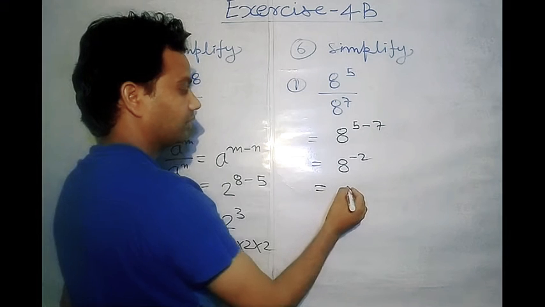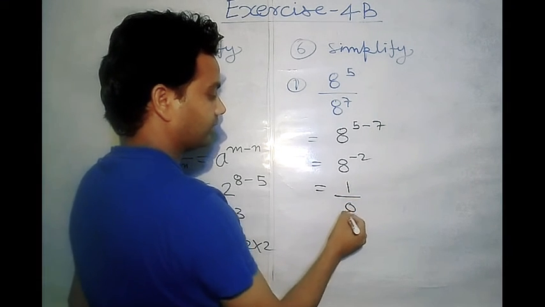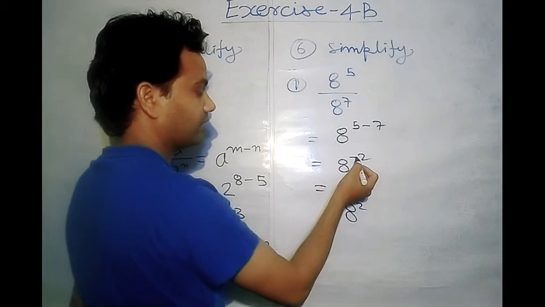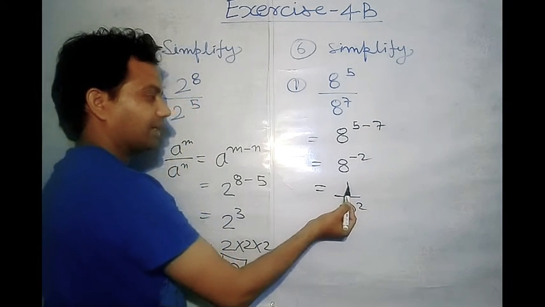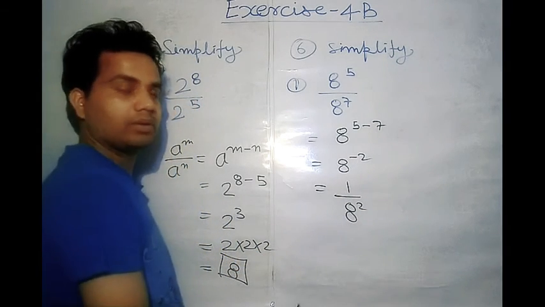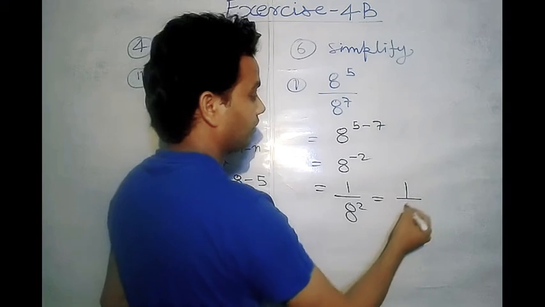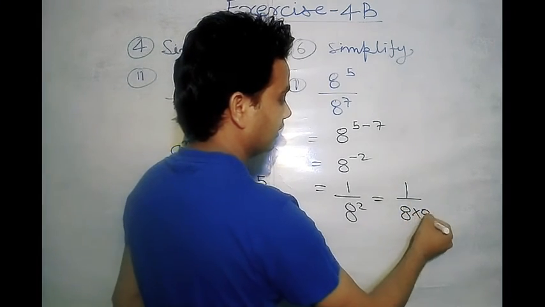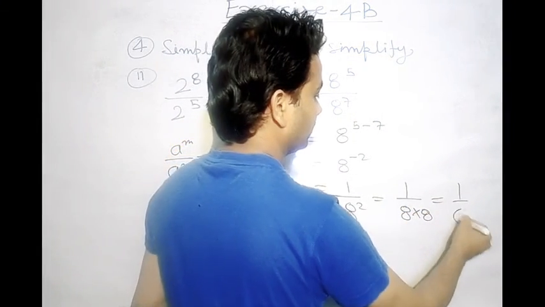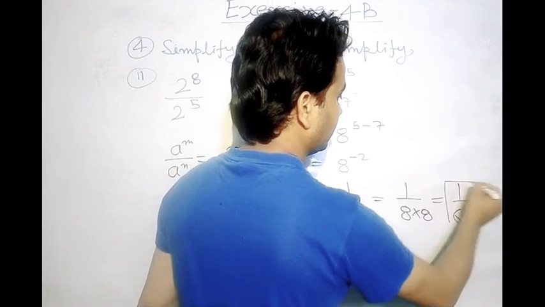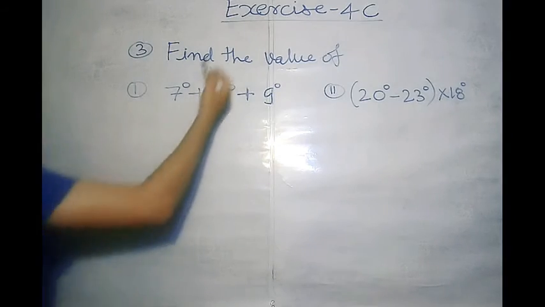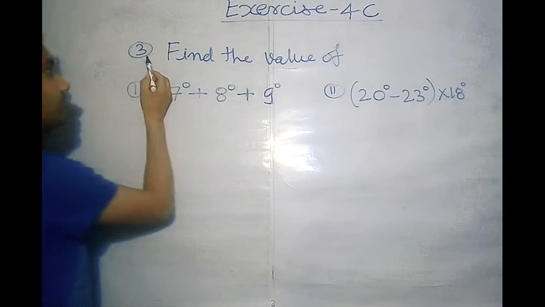It means 1 upon 8 raised to the power 2. This minus we have to remove. Then we can write it like that: 1 upon 8 raised to the power 2 equals 1 upon 8 multiplied by 8 equals 1 upon 64. 8 eights are 64.